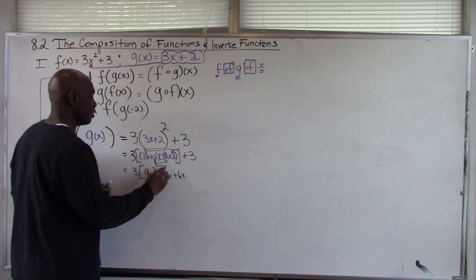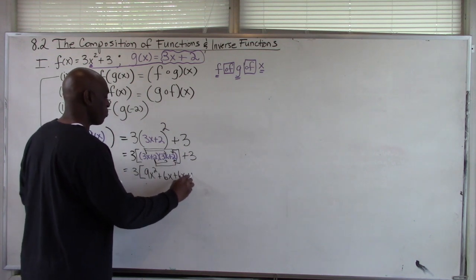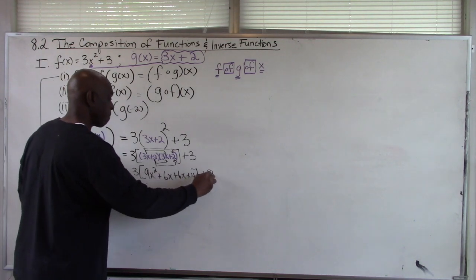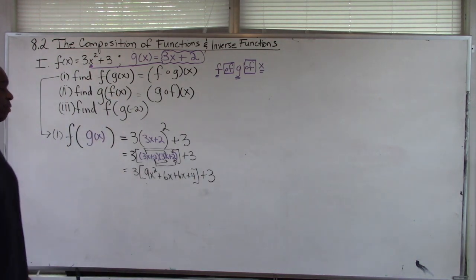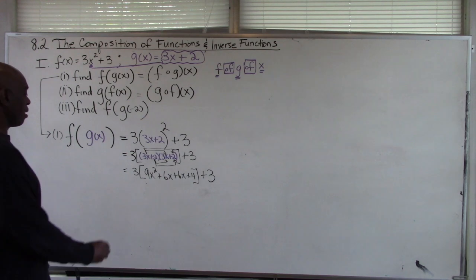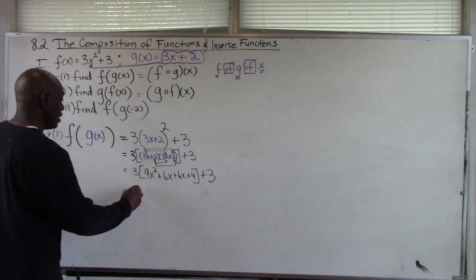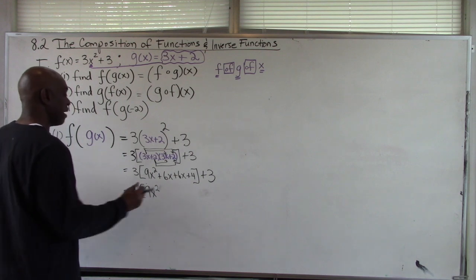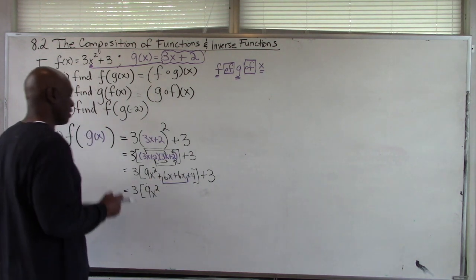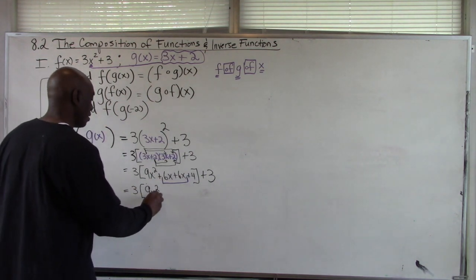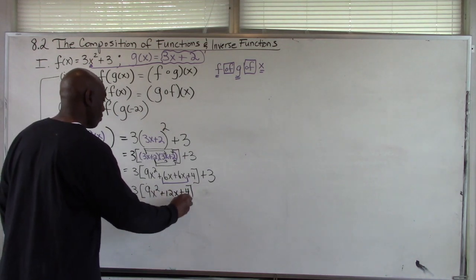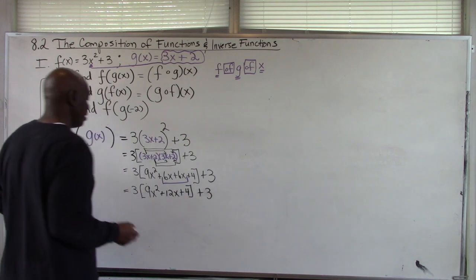And then this 2 times 2, which is plus 4. And then go back and grab plus 3. That's the whole FOIL technique. Alright, and this is going to give me 3 times 9x squared. Combine these two terms in the middle because they're like terms: 6x plus 6x is 12x, plus 4 plus 3.